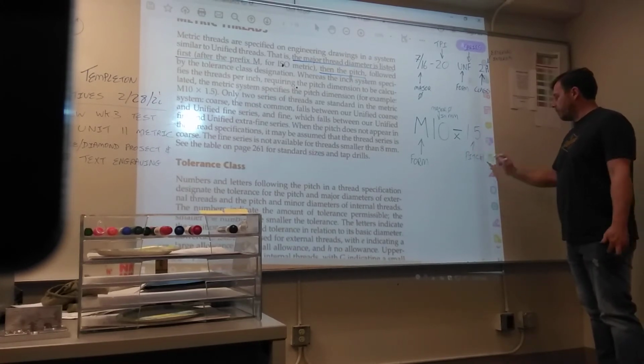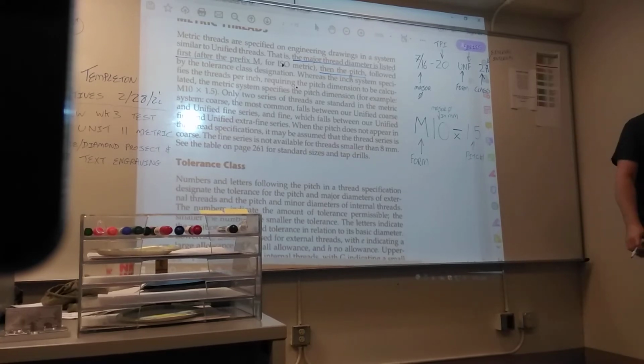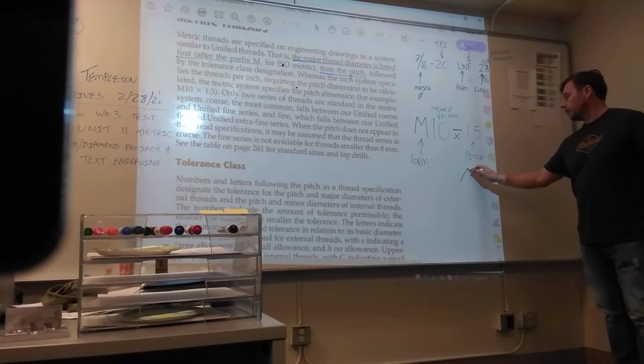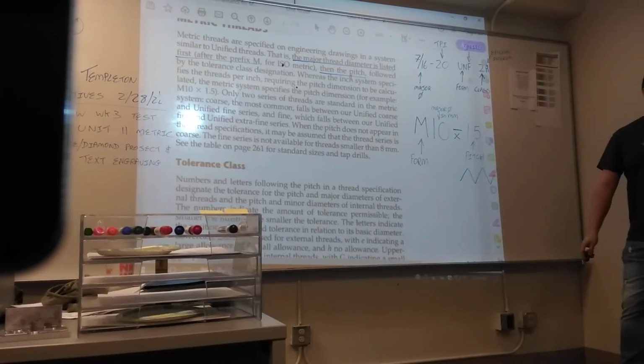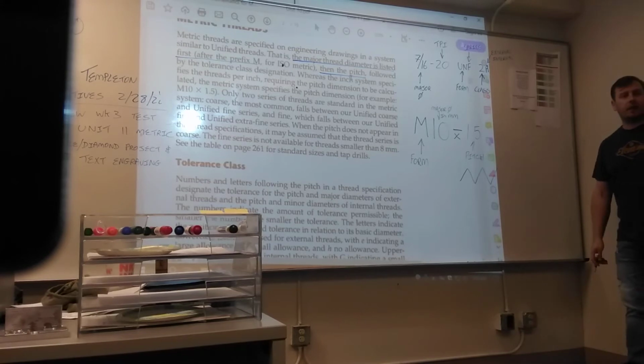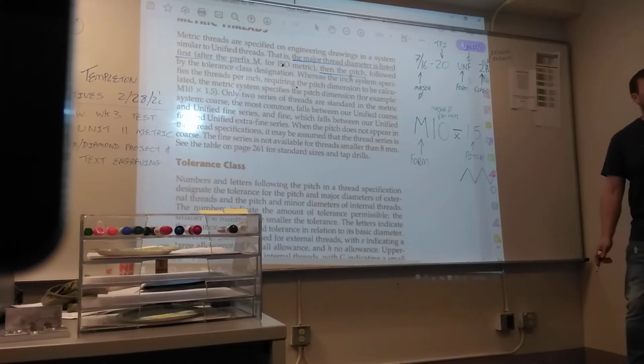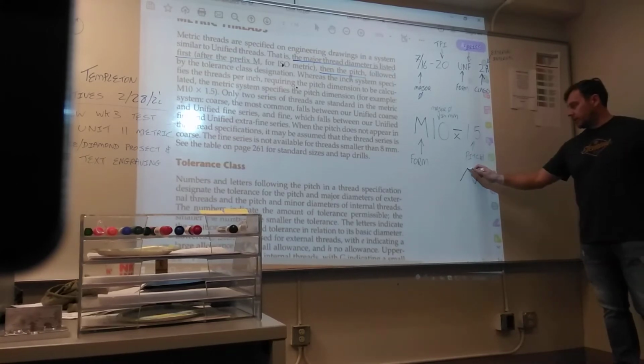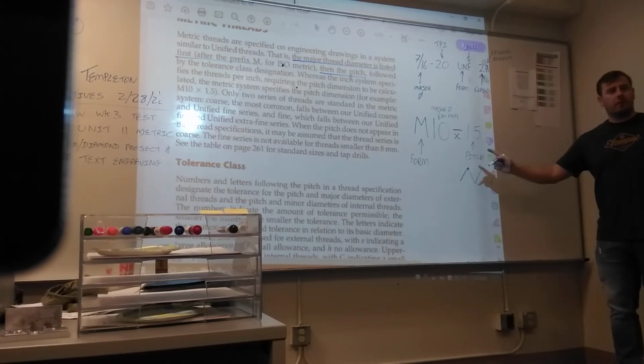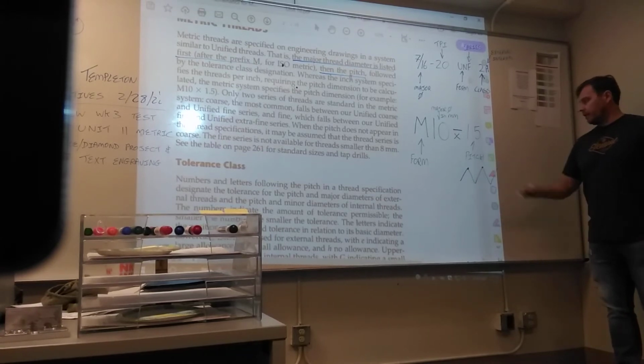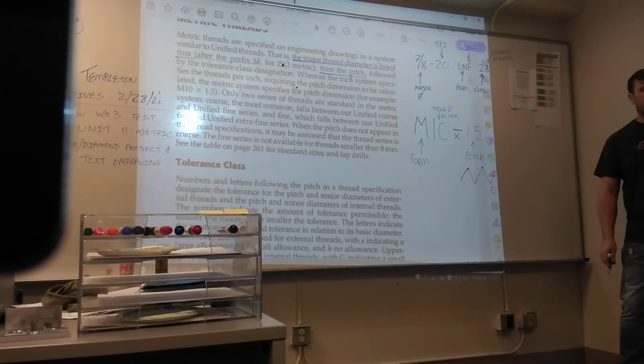So what is pitch? It's that center point between the threads, not the top, not the bottom, but right in the middle. It's the distance from one thread to the next thread at the exact same position. So if you measure from the top, you've got to measure to the top of the next thread. That is the pitch.